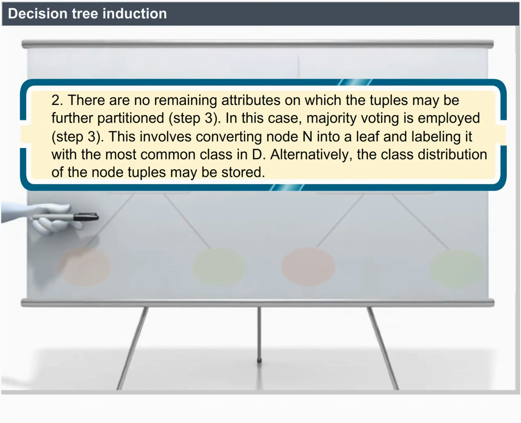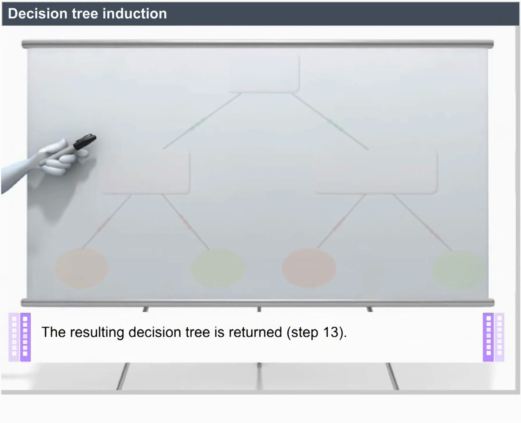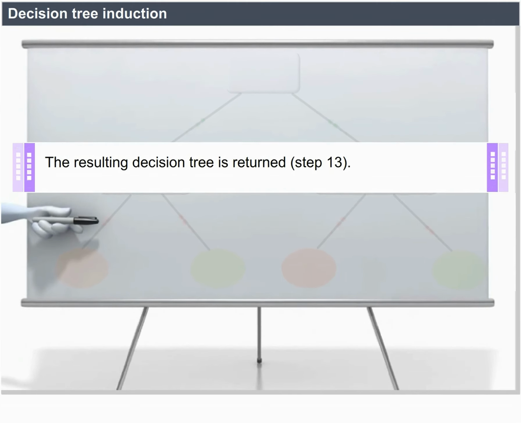This involves converting node N into a leaf and labeling it with the most common class in D. Alternatively, the class distribution of the node tuples may be stored. There are no tuples for a given branch, that is, a partition Dj is empty. In this case, a leaf is created with the majority class in D. The resulting decision tree is returned.